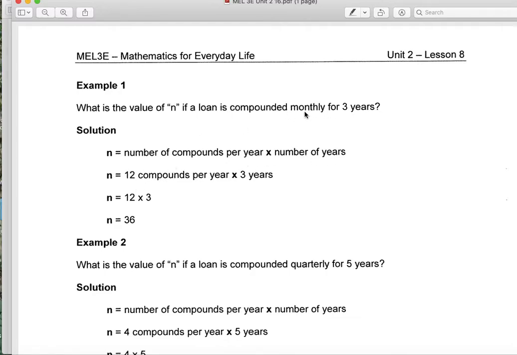So we know that monthly means 12, so it's 12 compounds in 3 years. So simply take the numbers, 12 times 3, and multiply them. So when you substitute this into your formula, you have to do this part first in order to substitute that number in.